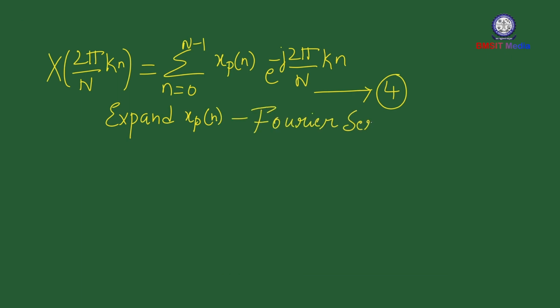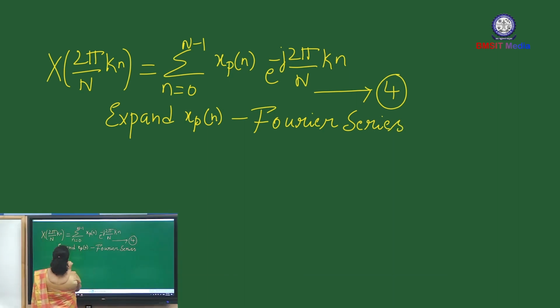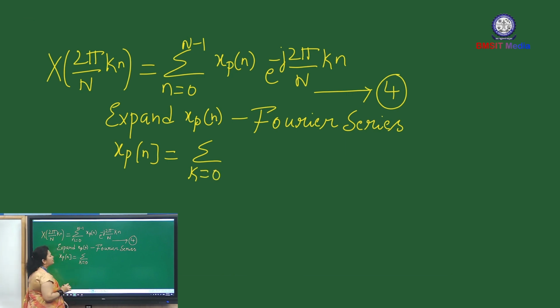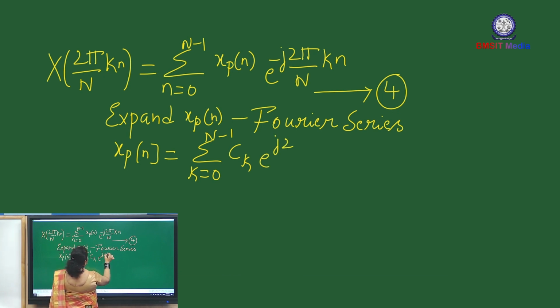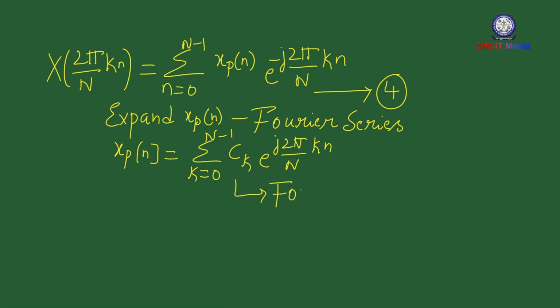So let us see what we'll get here. xp of n will be equal to summation of k varying from 0 to N minus 1 ck e raised to j 2 pi by N kn. Here ck is the Fourier series coefficient.